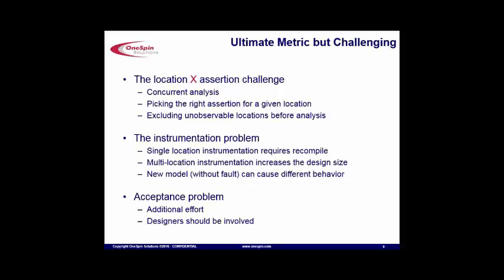Another way is to have multiple locations inside your instrumentation and then switch them on demand, but that has the downside of increasing the model size. Another problem is that whenever you create something new, it might have problems. Even without a fault injected, this new instrumentation might have problems, and standards, for example the safety critical standards, recommend not to do that.